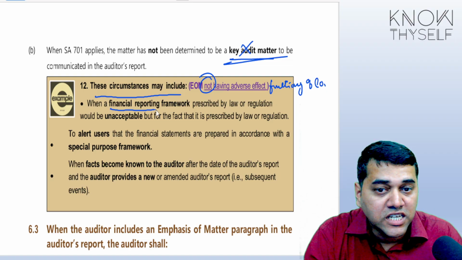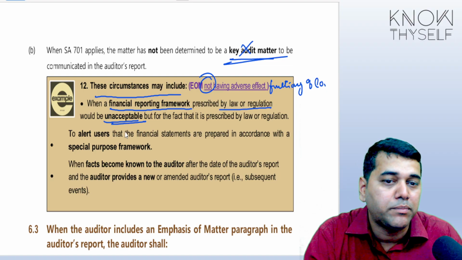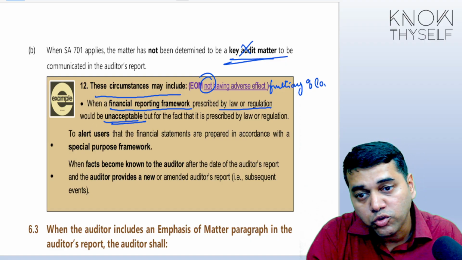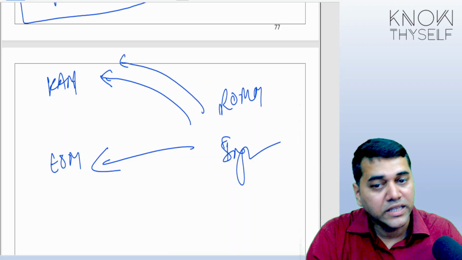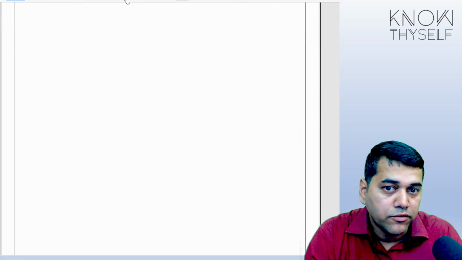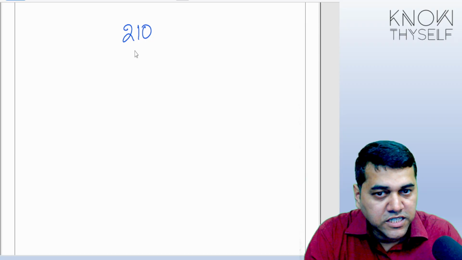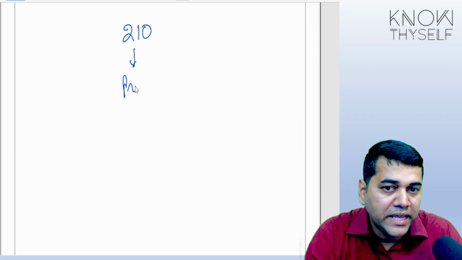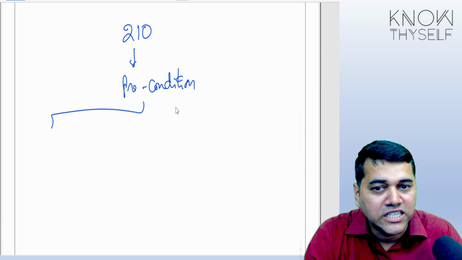Like financial reporting framework prescribed by law or regulation is unacceptable. Now for this, you have to go to the background of SA 210. So in the intermediate, you must have studied. When you accept an engagement as per SA 210, the very first thing you need to check is the preconditions. There are two preconditions.